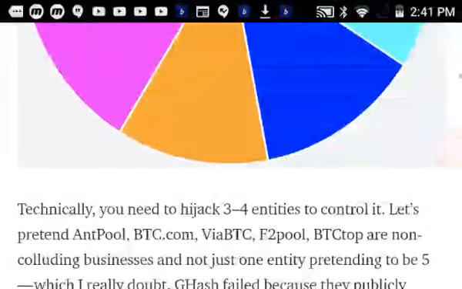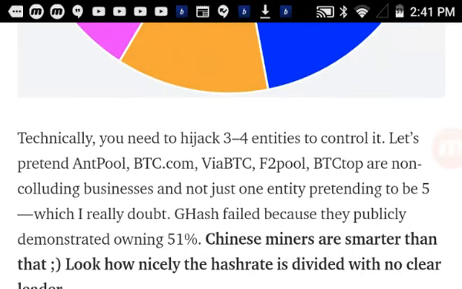And he goes on here and he says, technically, you need to hijack 3 to 4 entities to control it. Let's pretend AntPool, BTC.com, ViaBTC, F2Pool, BTC Top are non-colluding businesses and not just one entity pretending to be 5, which I really doubt.